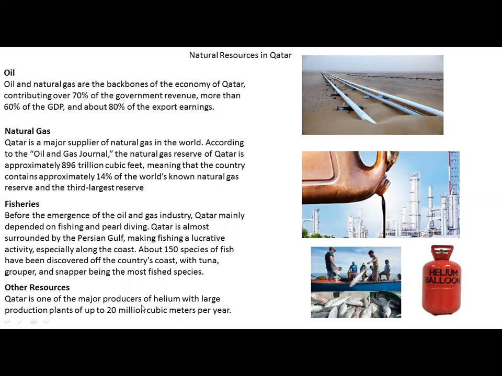Qatar is one of the major producers of helium. That's the gas that you find in balloons that go all the way up to the ceiling. And it produces 20 million cubic meters per year. So this is about natural resources in Qatar. And you can see that oil and natural gas, these two here, are non-renewable resources, right? And fisheries and other resources are renewable.